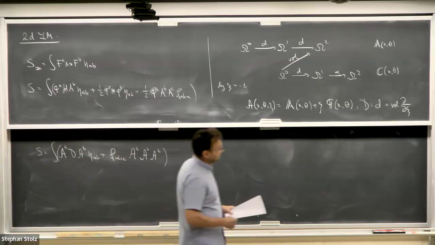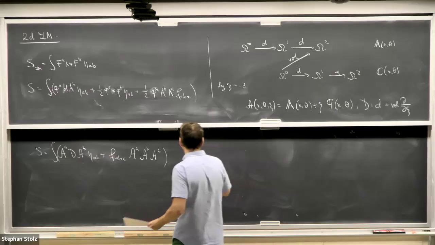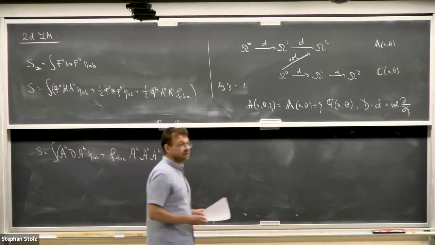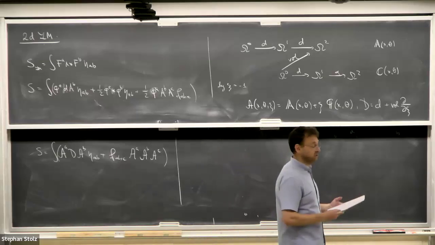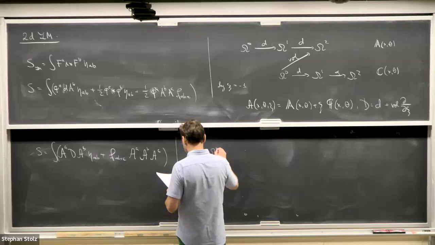Then you can ask the following question: can I find the operator which satisfies these things? Surprisingly, it's not such a trivial problem to find. But after work, you can find it, and you can actually say there are not so many operators like this. So let me write you some diagram.